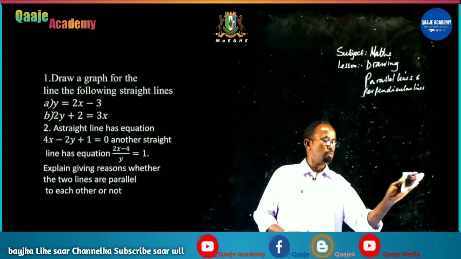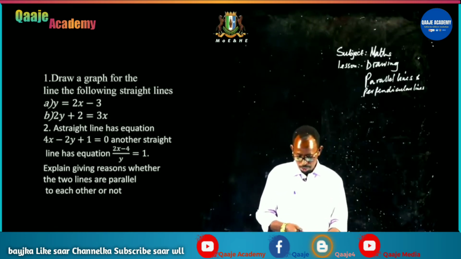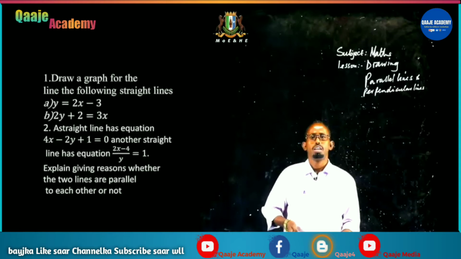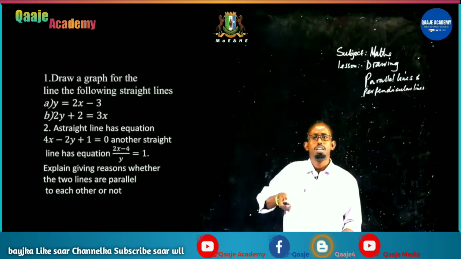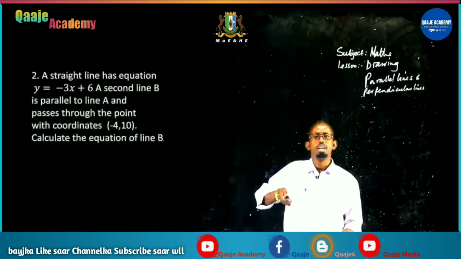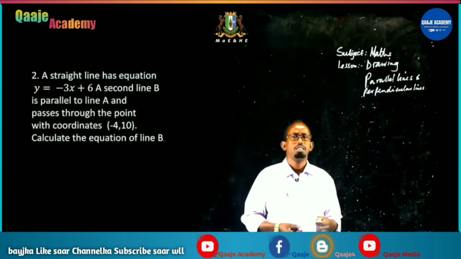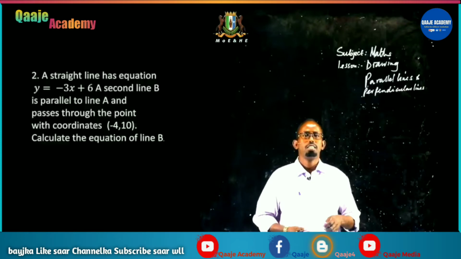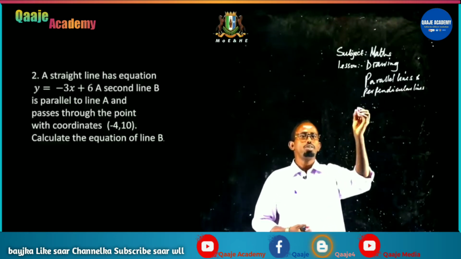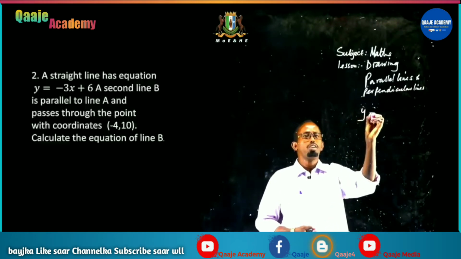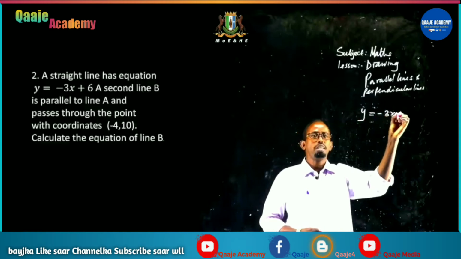Question number 2. A straight line has equation y is equal to minus 3x plus 6.